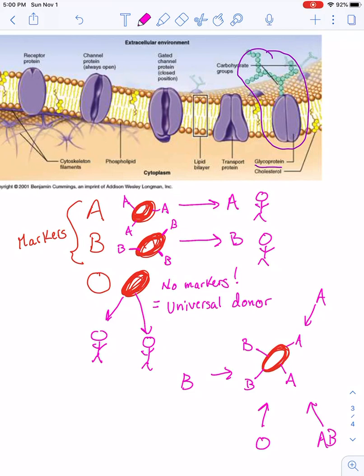And so they are called the universal receiver. So that's what markers are.